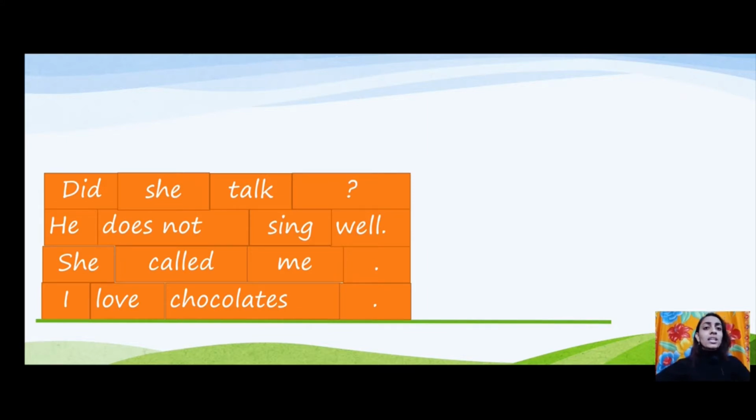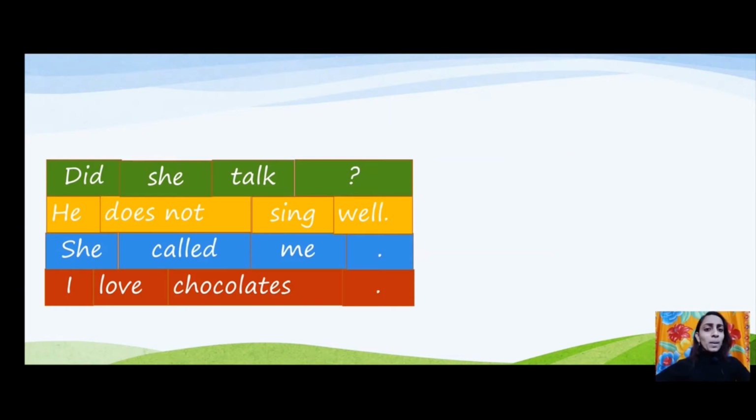Good. So children, now if you observe carefully, here we can see different kinds of sentences. Let us read the sentences first. Fine. I love chocolates. She called me. He does not sing well. Did she talk? Here the sentences I love chocolates and she called me are showing some positive sense.